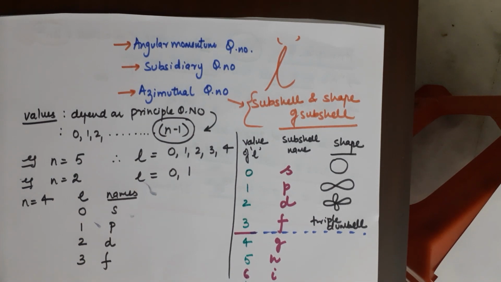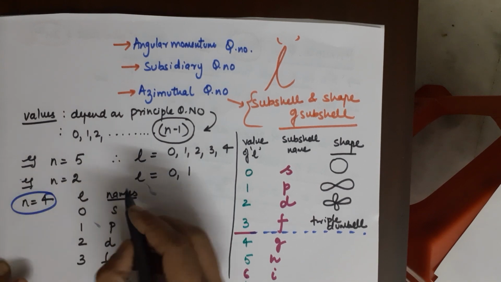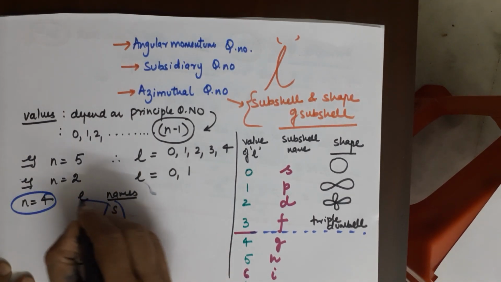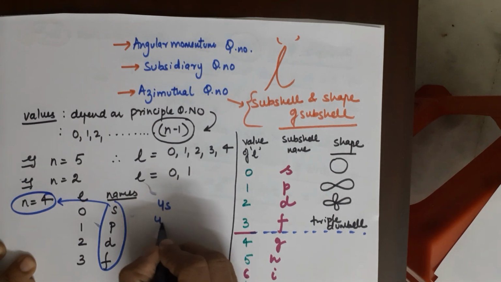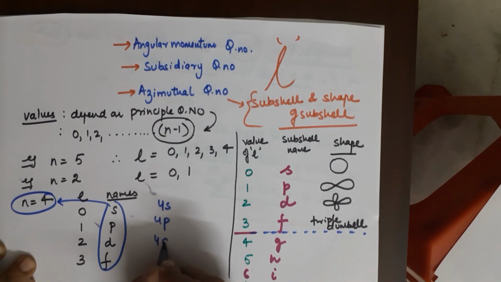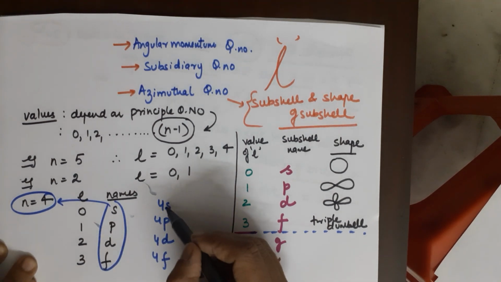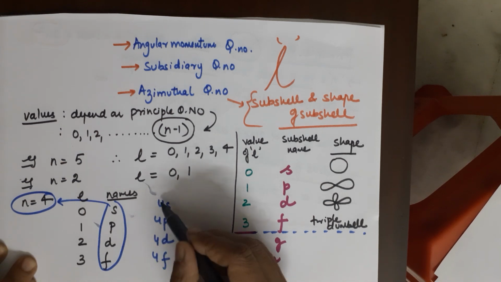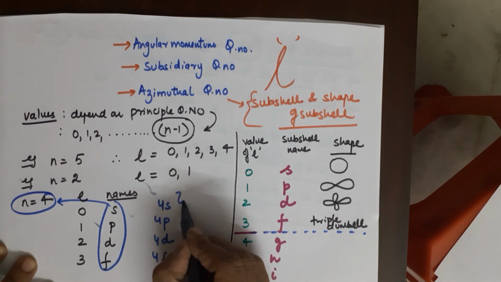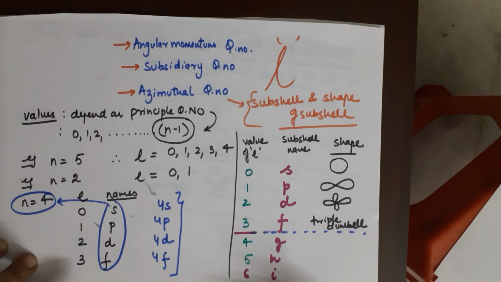Now, all these s, p, d, f belong to the fourth shell, so they are named 4s, 4p, 4d and 4f, because these subshells are a part of the fourth shell. So this is how we name the subshells.